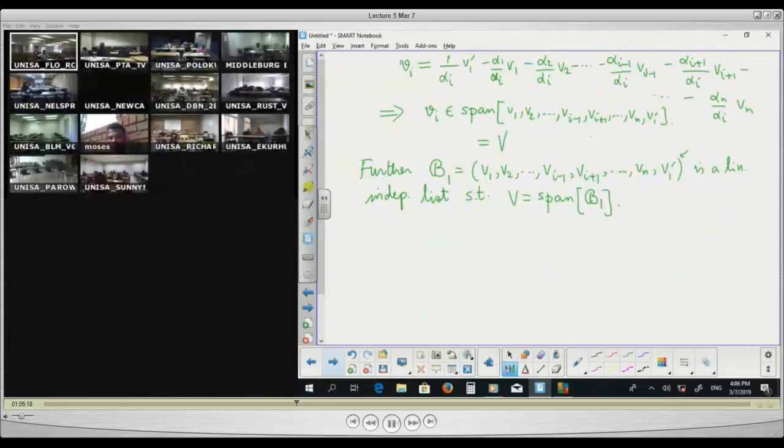So I can replace some one of them by V2 prime, but that someone cannot be V1 prime because V1 prime and V2 prime are linearly independent. Right?